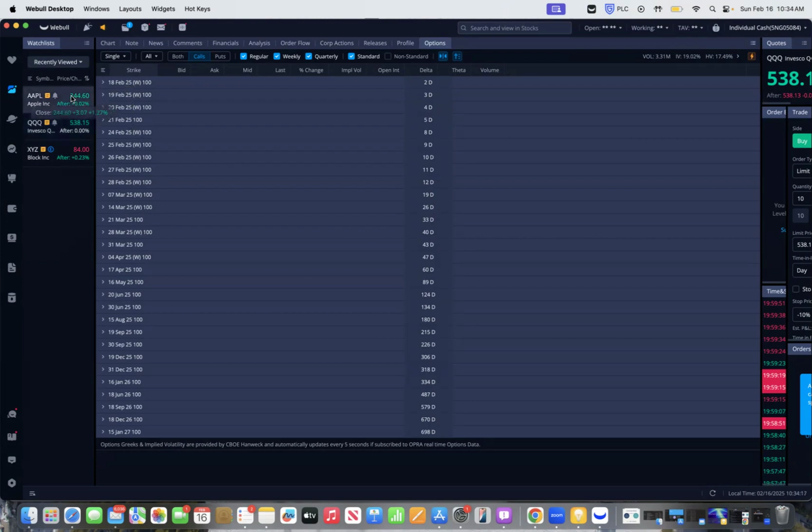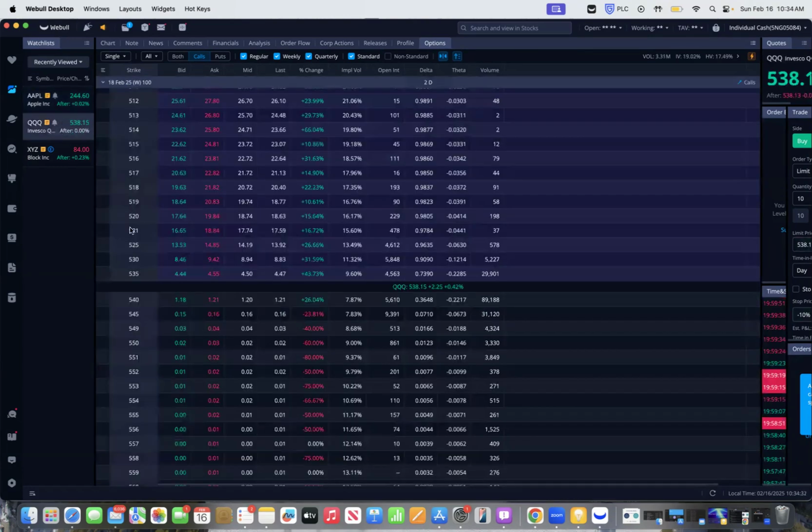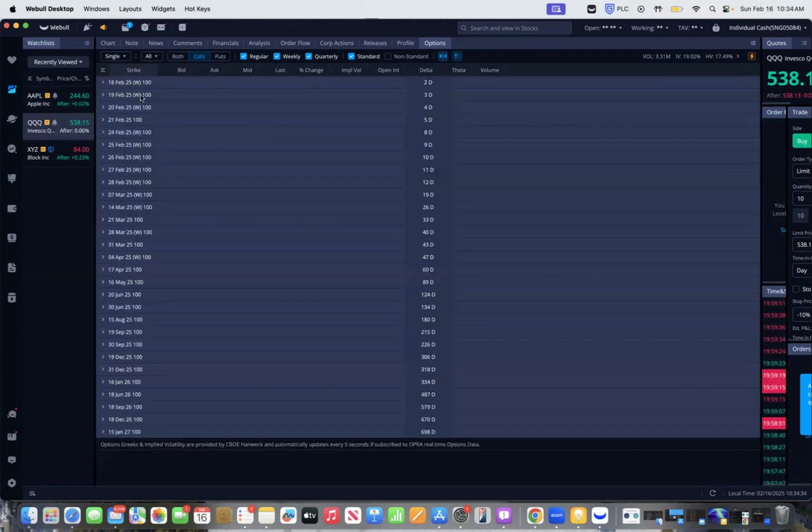Whereas if we're looking at Apple, Apple only gives you weeklies, which end on Friday. If the market's open on a Friday, it ends on a Friday. So you can only get weeklies for them, but with this, you can go any day of the week.